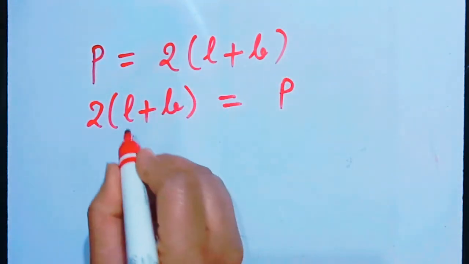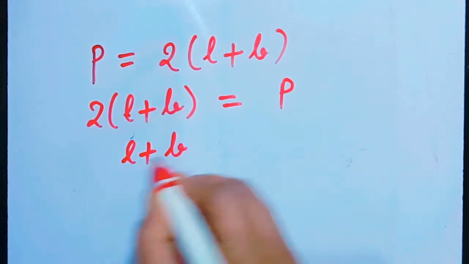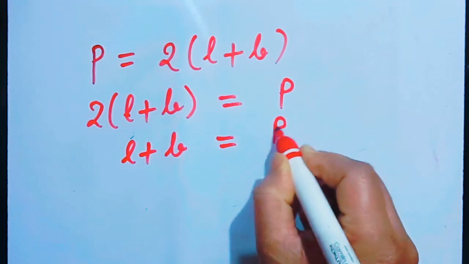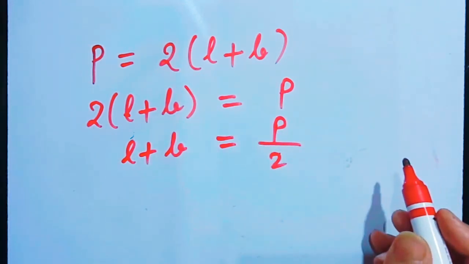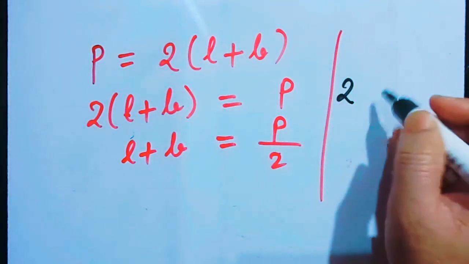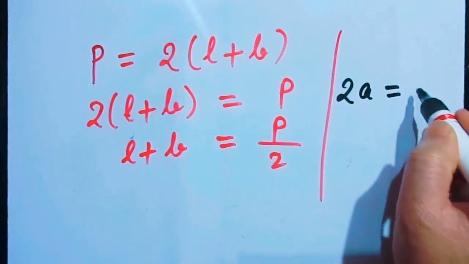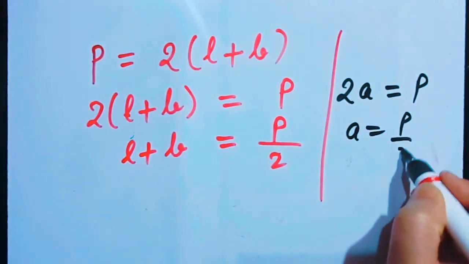Now the value of L plus B will be equal to P by 2, that is perimeter by 2. Just imagine that you have 2A is equal to P. So naturally A will be equal to P by 2.